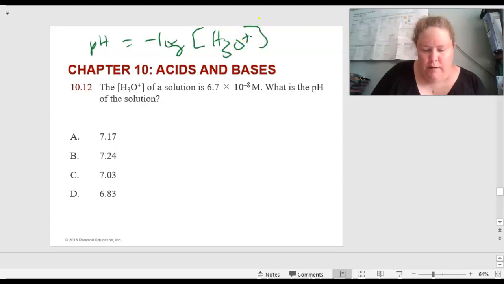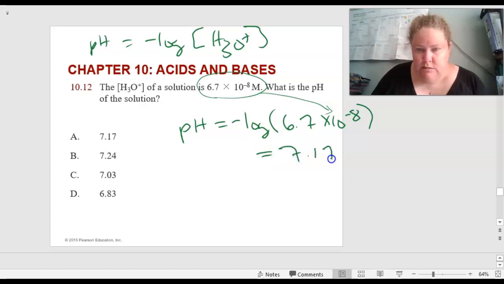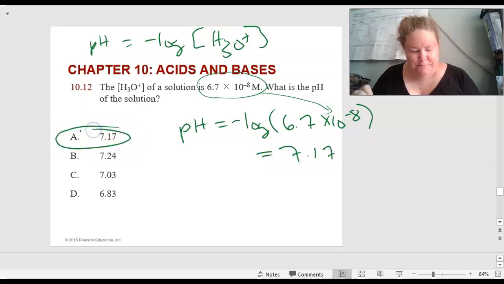So the pH is going to be the negative log of 6.7 times 10 to the minus 8, which we got from right here. And when you calculate all of that on your calculator, that ends up being 7.17. Ta-da.